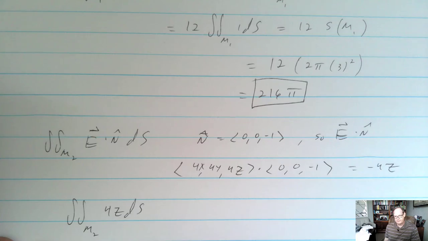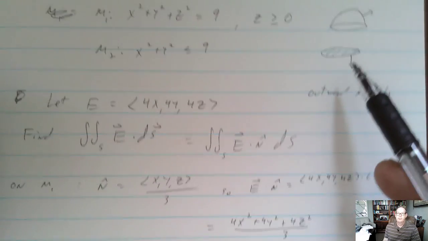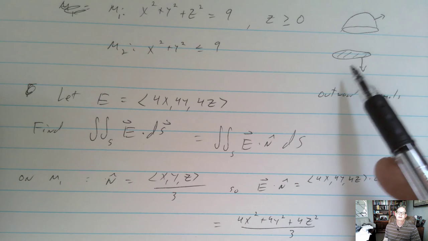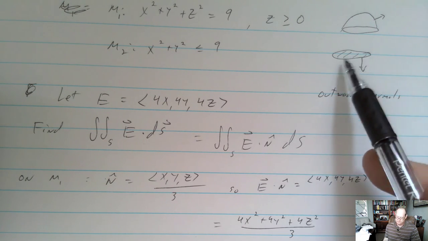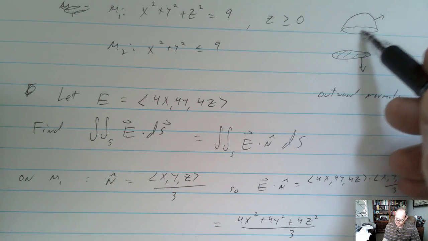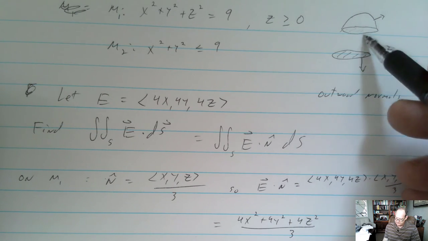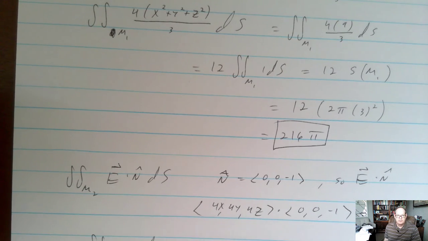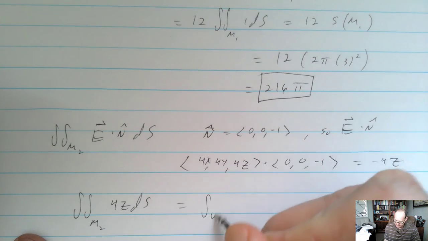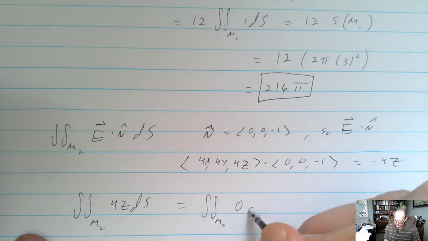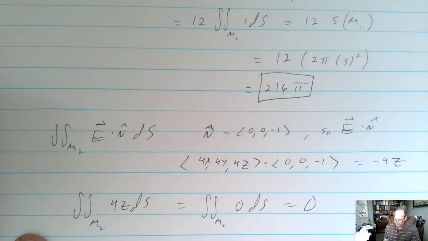I could parameterize the surface if I want. I mean, there is a way to parameterize this disk, but note that everywhere z is 0, right? This is the bottom here, so we're in the xy plane. So everywhere on M2, z is 0, so we would just end up integrating 0. And so we'll get 0.